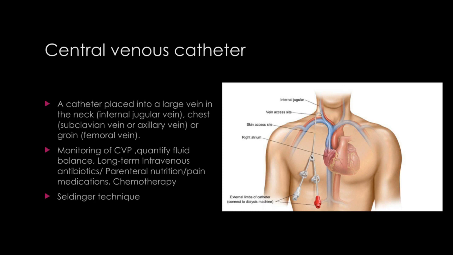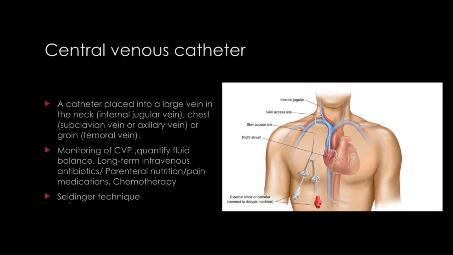The need for a central venous catheter is for monitoring of the central venous pressure, to quantify the fluid balance, and in cases of patients needing long-term antibiotics, parenteral nutrition, pain medications, chemotherapy. In all such cases, we prefer to use a central venous catheter which is placed in the neck into the internal jugular vein.